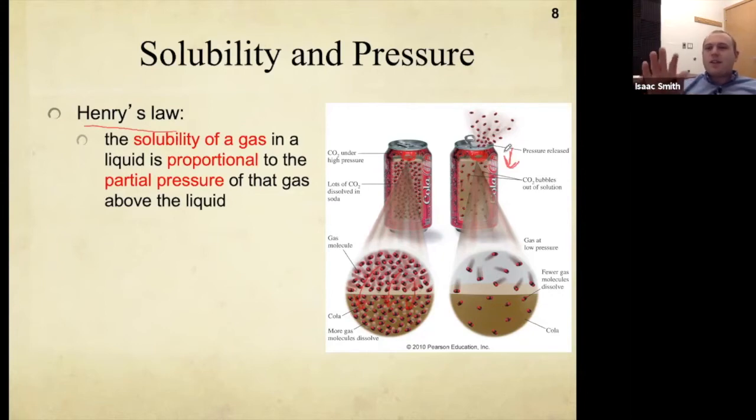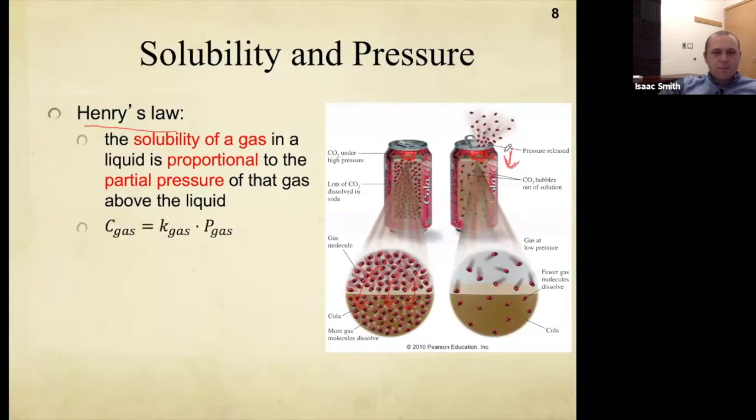So if you have soda that's warmer, the CO2 is less soluble in that soda, and so you're going to have less fizz in your soda. If you keep your soda cold, it's going to have more fizz because the carbon dioxide is more soluble in cold soda than it is in warm soda. So if you like really fizzy soda, keep it cold. You probably already know that, but that's why.